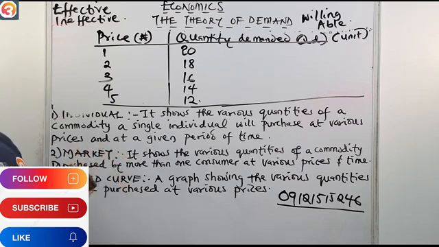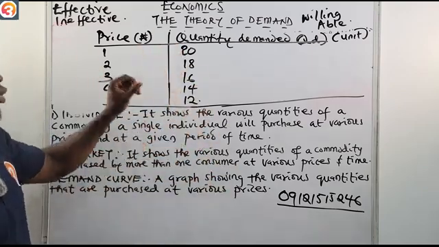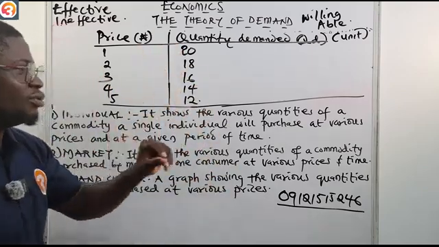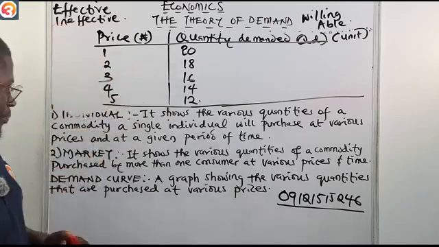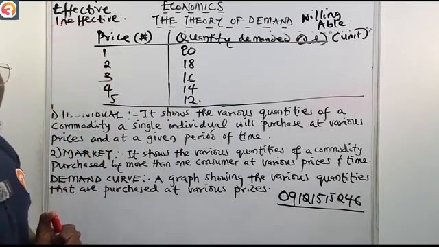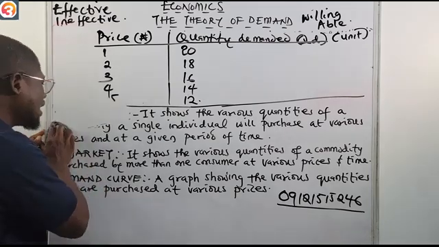Now, this is the individual demand schedule. It shows the various quantities of a commodity that a particular individual will purchase at various prices. Now, let us forge ahead and look at the market demand schedule.